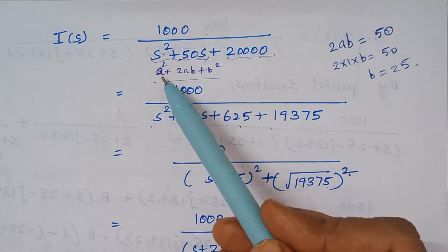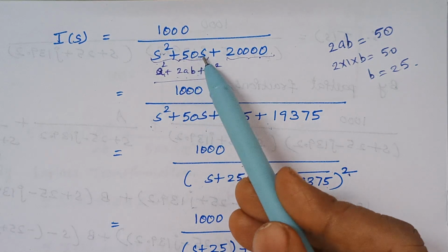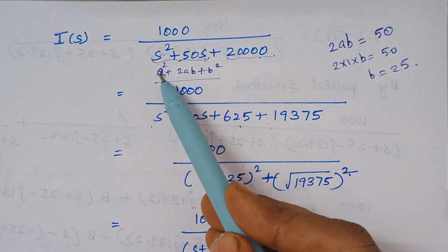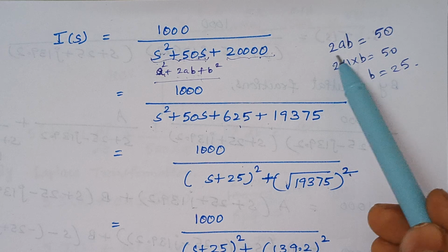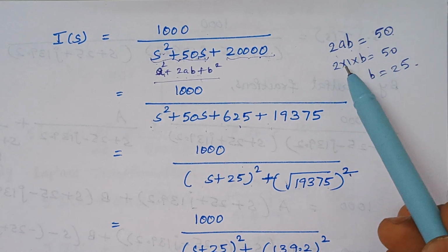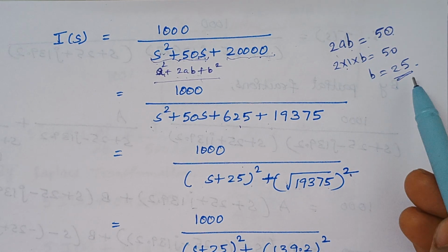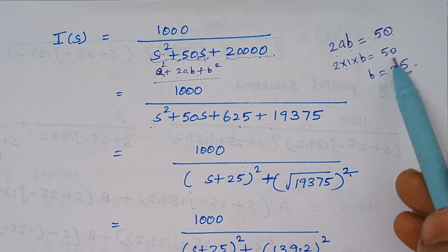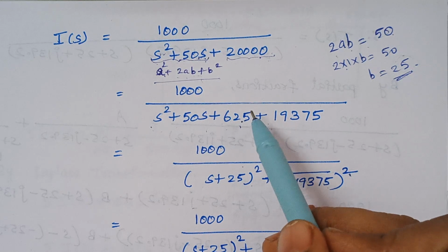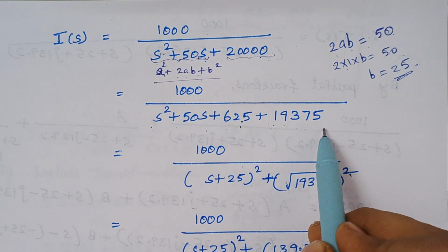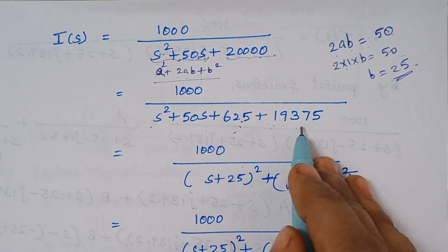In the place of a square we have s square, and in the place of 2ab I have 50s. So the value of a is 1. 2ab is 50 and the value of a is 1, therefore the value of b is 25. 25 square is nothing but 625. So 20,000 minus 625 will be 19,375. That is, we are splitting this 20,000 as 625 and 19,375.